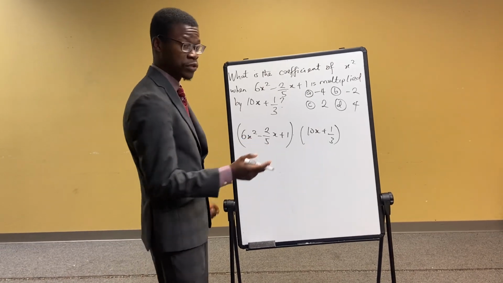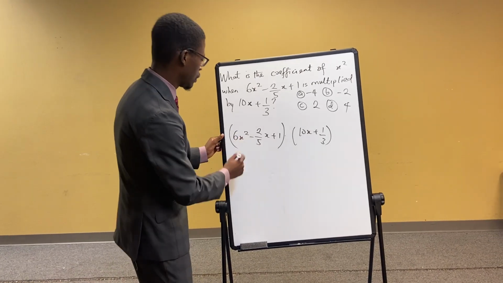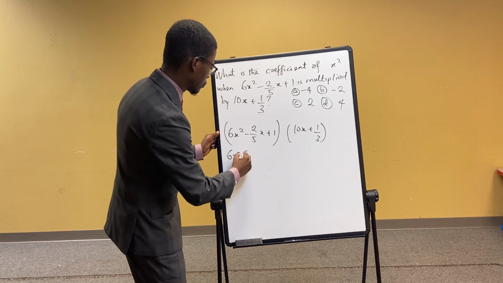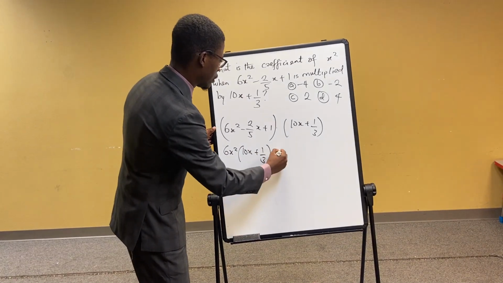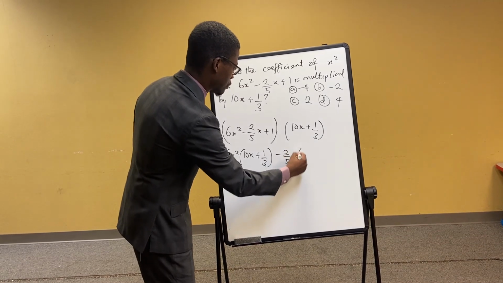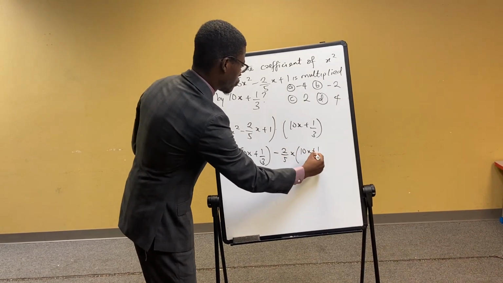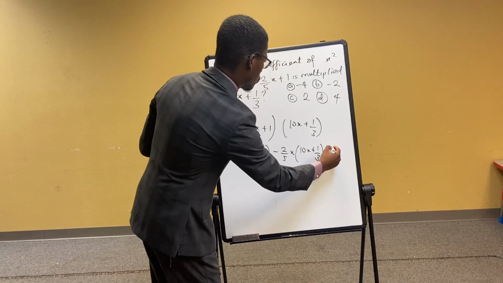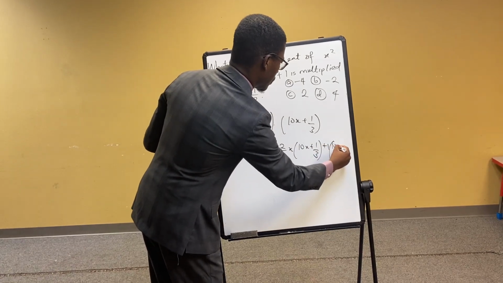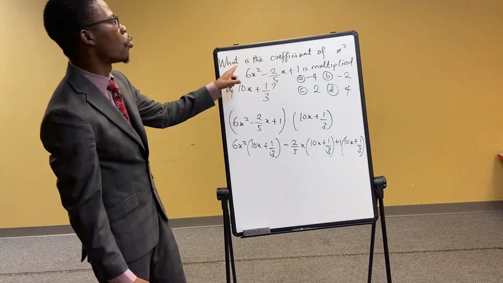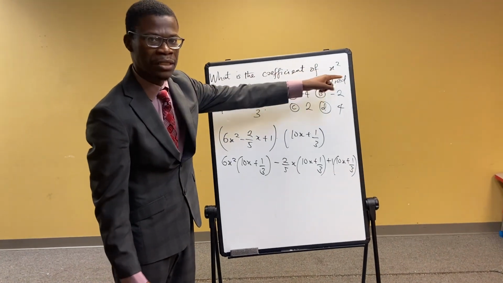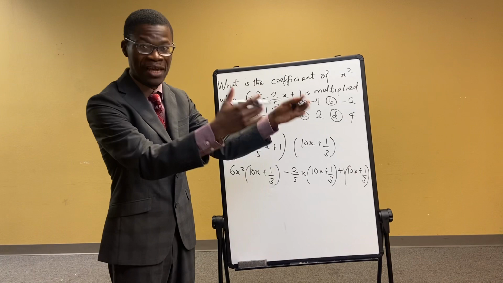So using the FOIL method, 6x squared times (10x + 1 over 3), minus 2 over 5x times (10x + 1 over 3), plus 1 times (10x + 1 over 3). Remember the question, what's the coefficient of x squared? That means the number in front of x squared.